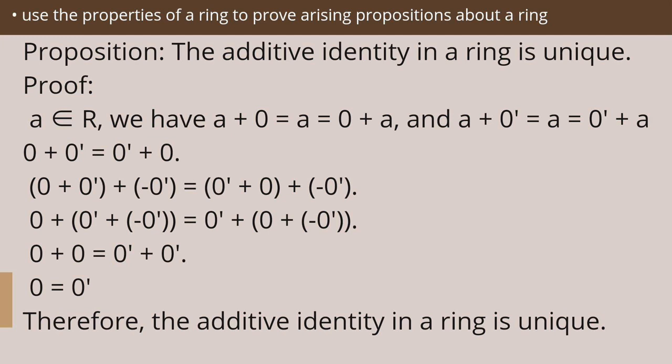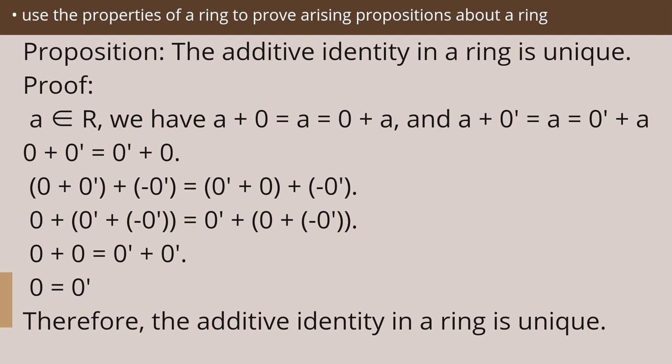Now, consider the equation 0 plus 0' is equal to 0' plus 0. By adding negative 0' to both sides, we get (0 + 0') + (-0') is equal to (0' + 0) + (-0').